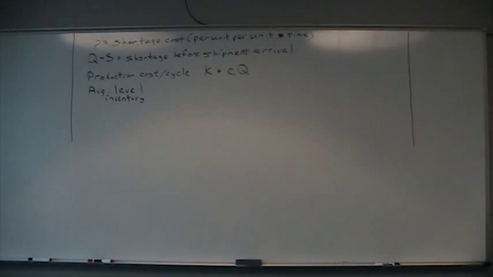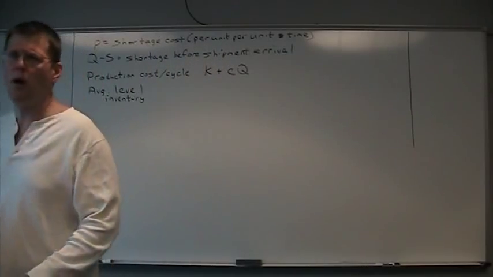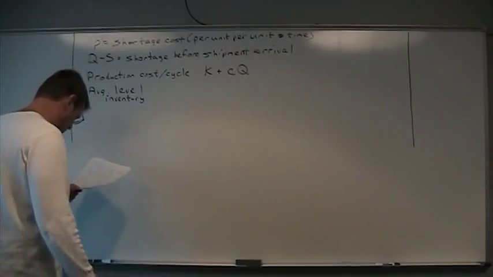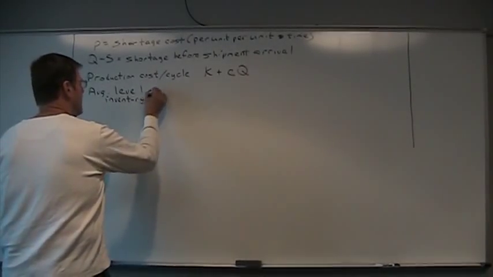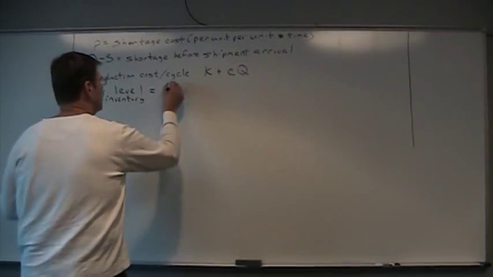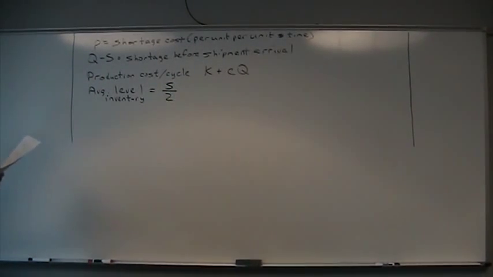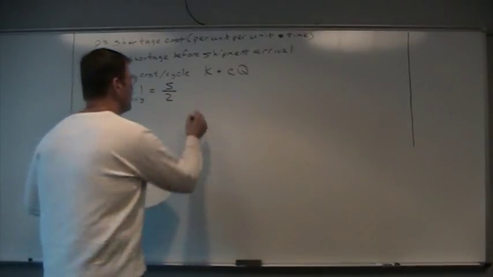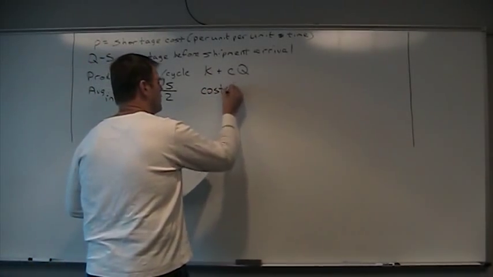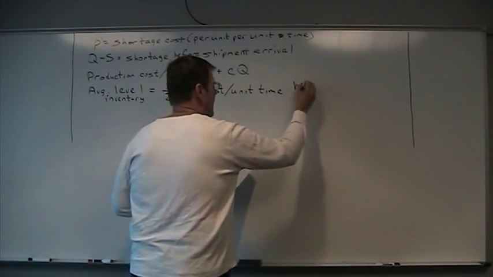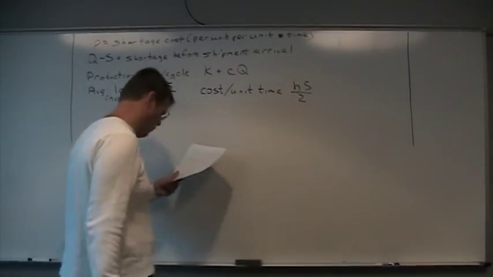So we really only have to worry about this while we have inventory. So our maximum inventory is S, our minimum inventory is 0. We have a uniform drawdown over that period, so it's going to be S over 2. And hence, the cost per unit time is going to be HS over 2.